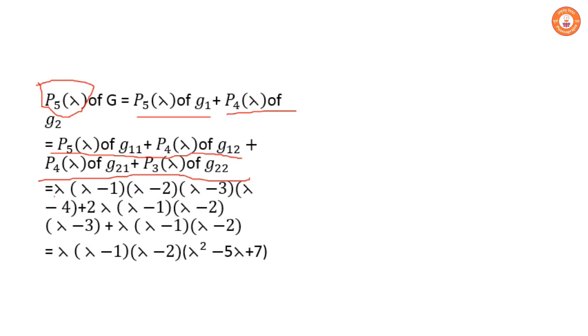Therefore, the first one is a complete graph on 5 vertices, the second and third are complete graphs on 4 vertices, the last one is a complete graph on 3 vertices, and their sum will be expressed like this.